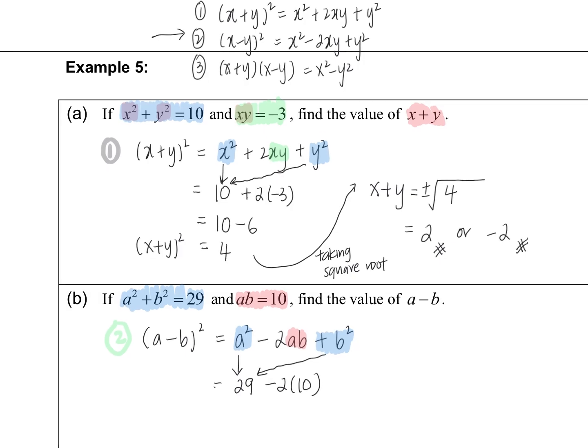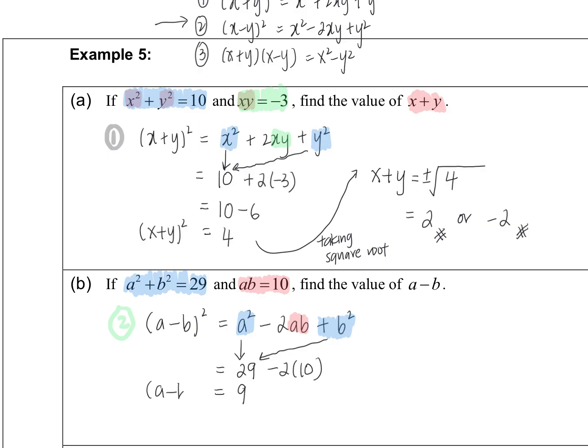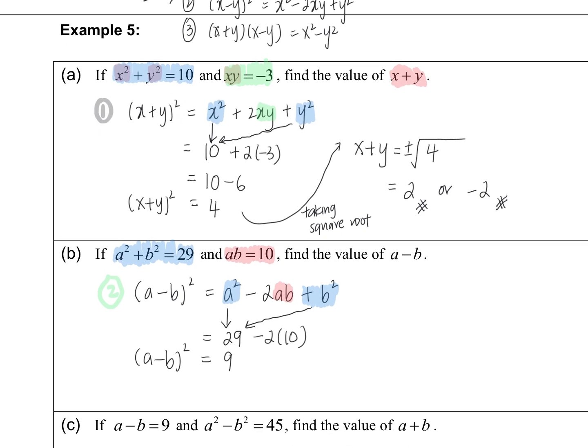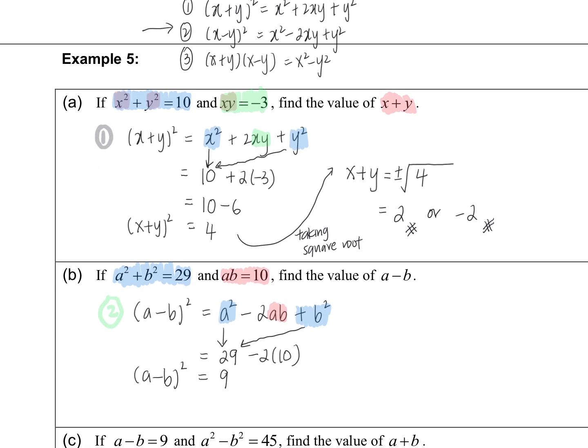If I calculate, it gives me 9. So a minus b square is 9. How to find a minus b? I just take a square root. So the answer is just 3 or negative 3.